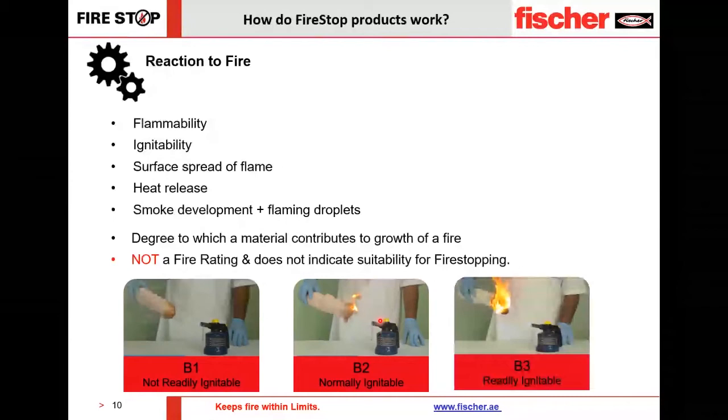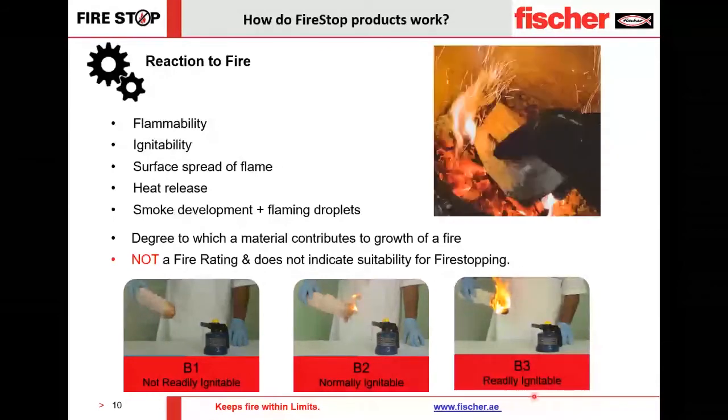Also, we should remember that the reaction to fire is not given in terms of time. So you cannot say that this product has a reaction to fire for 4 hours, or that it is not combustible for 4 hours, right? Sometimes a product or a material which is not really good under the reaction to fire might be very good in resistance to fire.